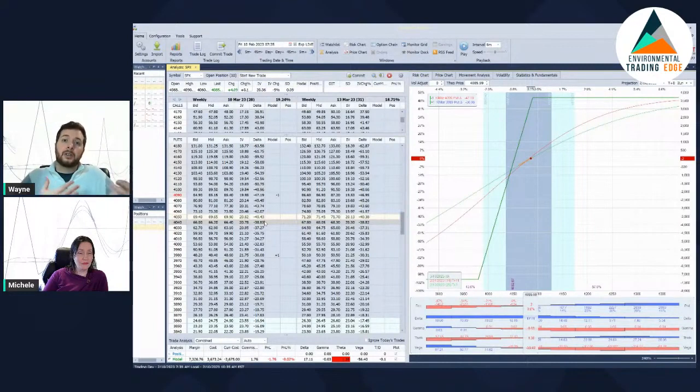I like to err on the larger side of my flies, because it means I have fewer contracts to deal with, right? Fewer contracts means less commissions, which means more efficient trades. When you start to trade 500 butterflies, that's a lot of structures that you're dealing with, right?